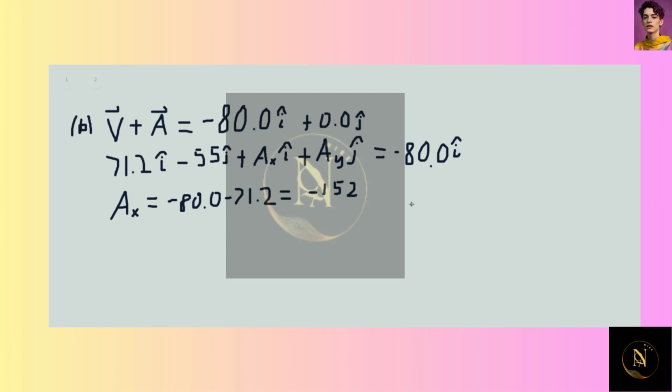Okay, we're going to do the same thing for a sub y. The right-hand side of the equation is 0. So we're going to have 0 minus the left-hand side, which is minus 55. Minus a minus is plus, so 0 plus 55, which is equal to 55. Let's go ahead and include our units on these. These are all in units, right?